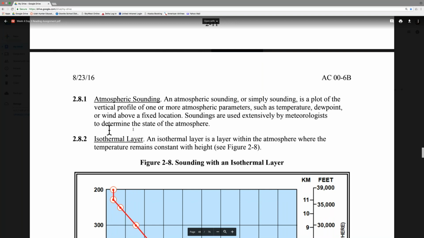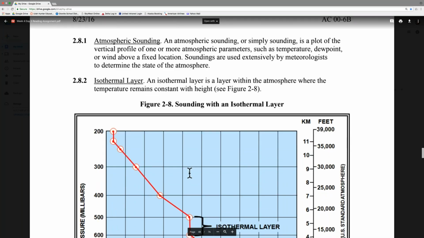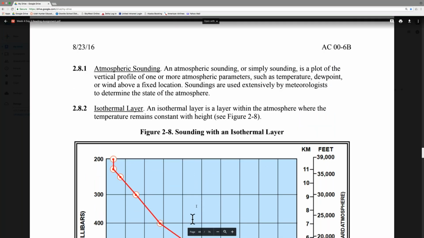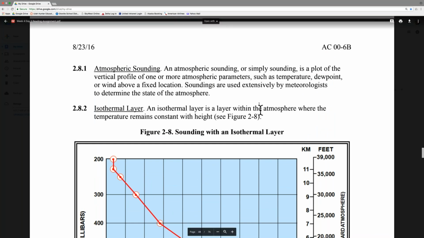Soundings are used extensively by meteorologists. So this is like the weather balloon. They take a snapshot, basically, of the atmosphere in a very specific location.